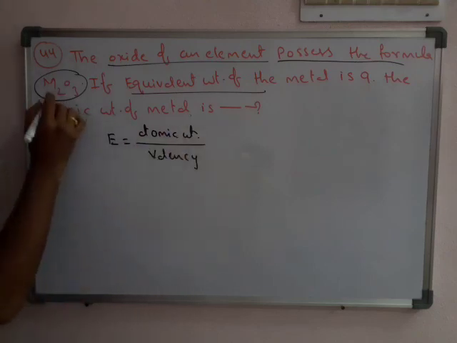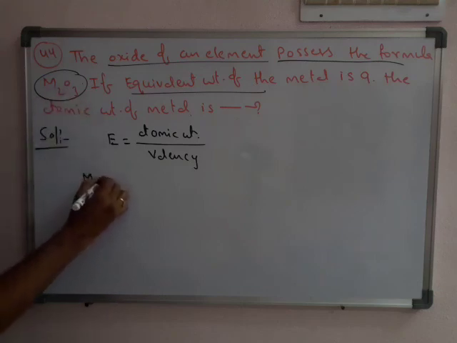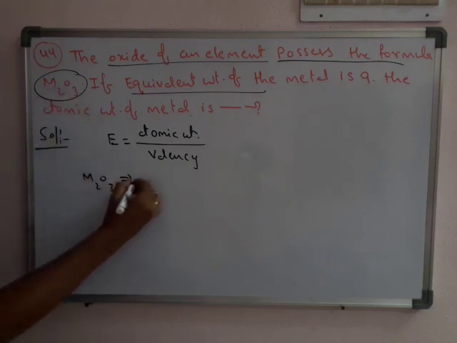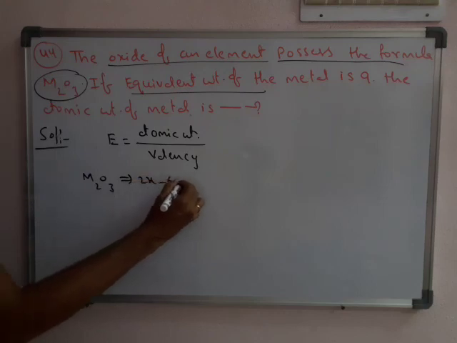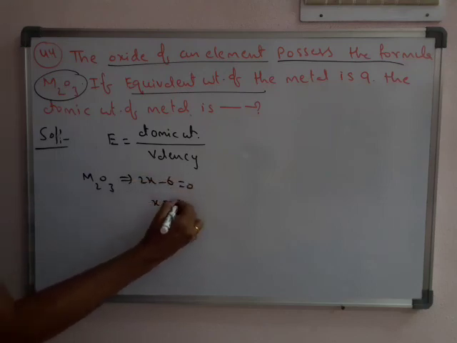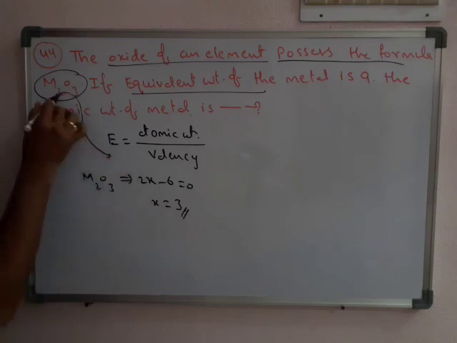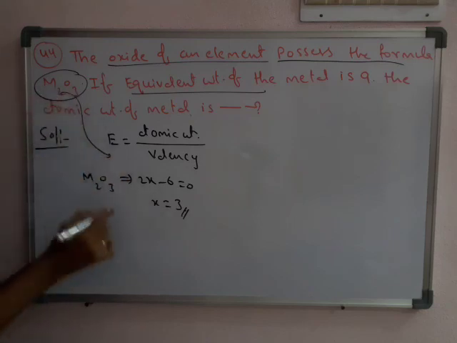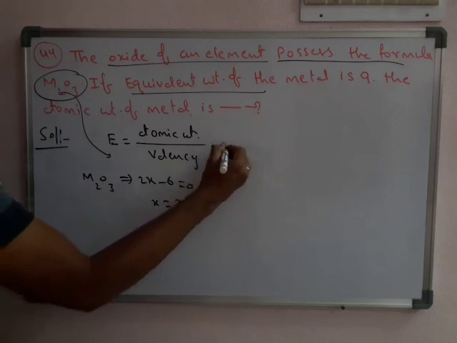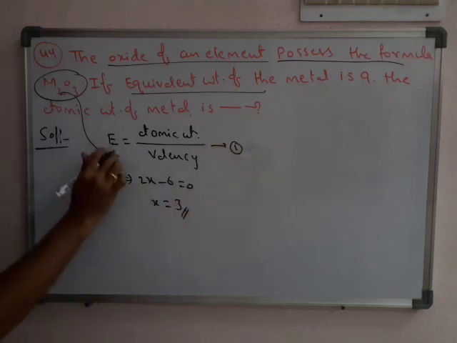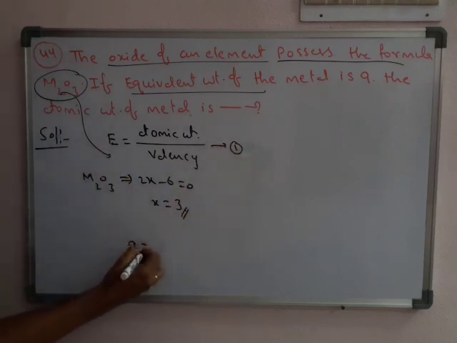It is given that the oxide formula of the metal is M2O3. Taking 2x minus 6 equals 0, x equals 3, which means the valency, the oxidation number of that metal in M2O3, is 3. Therefore the equivalent weight is given as 9.